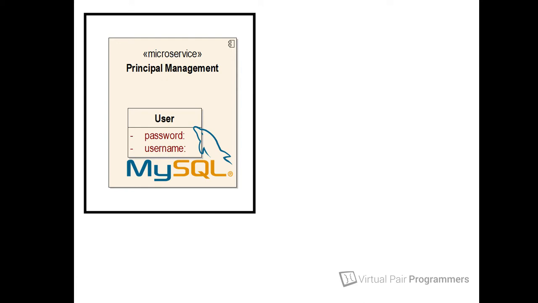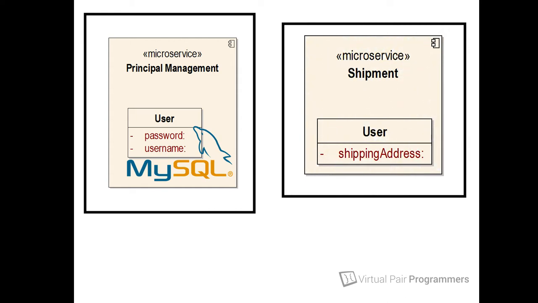It's going to have its own data store, let's say an SQL database, but it doesn't have to be. And that's all that that service does. There's going to be a separate microservice responsible for order shipment. It would have its own table containing just the data relevant to the user's physical location, their address.